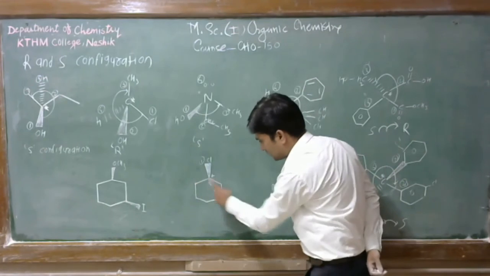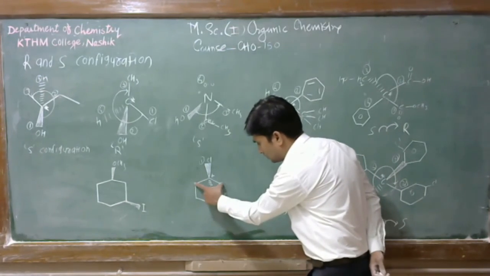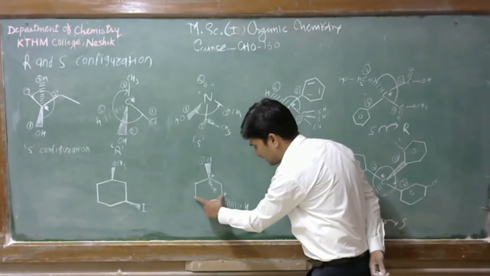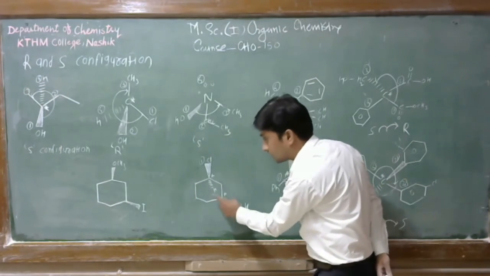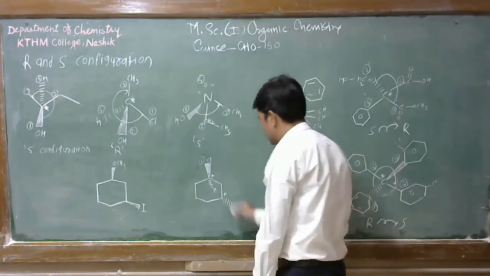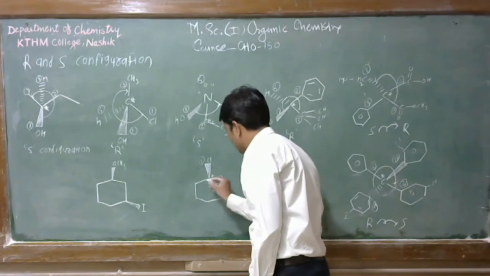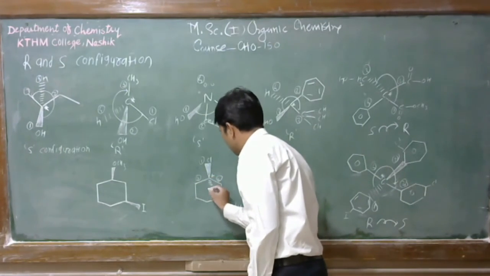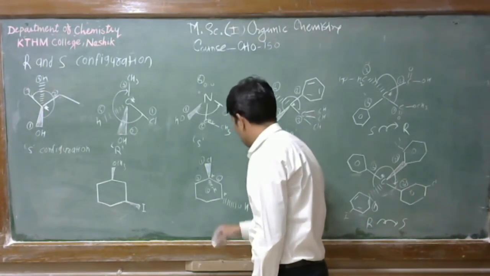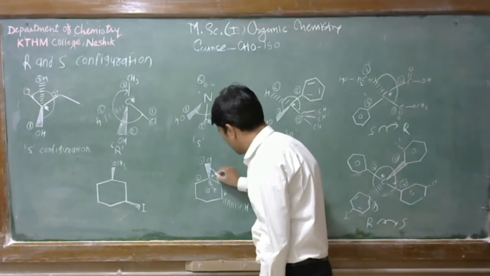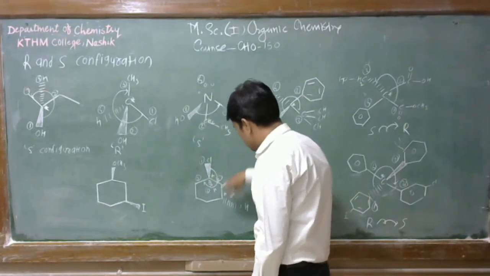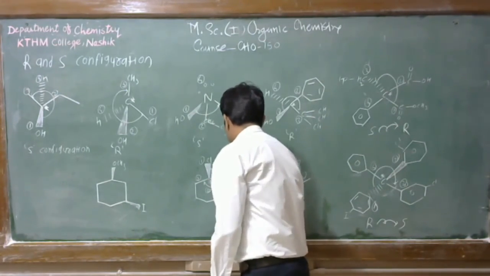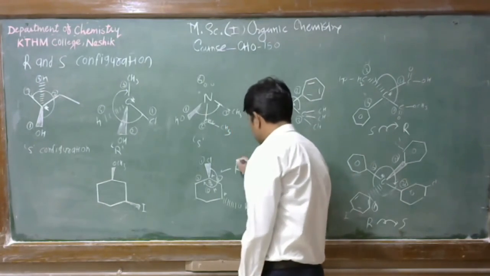See here, this is CH2, then this is CH2. If both groups are the same, then go to the next. Here is the CH2, here is the CH. But this CH is attached to the OH, and hence it has the second priority, this has the third priority, and hydrogen has the fourth priority. So move from 1 to 2 and 2 to 3. So this is the R configuration. So we can write here this is the R configuration.